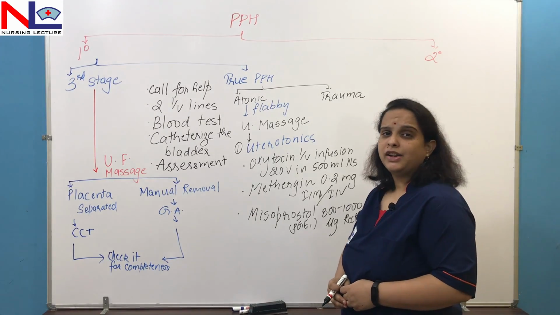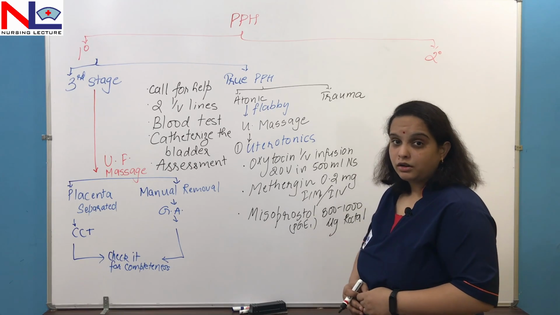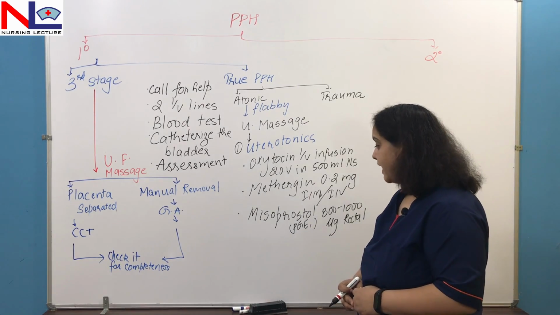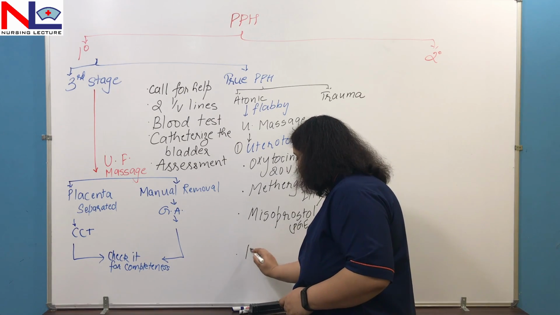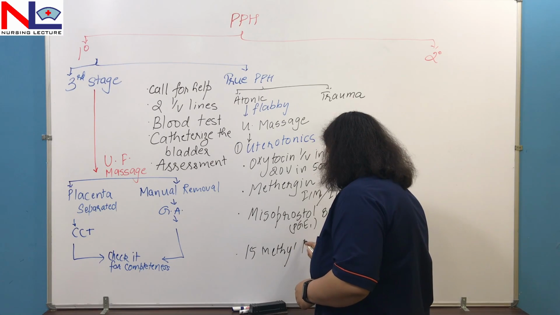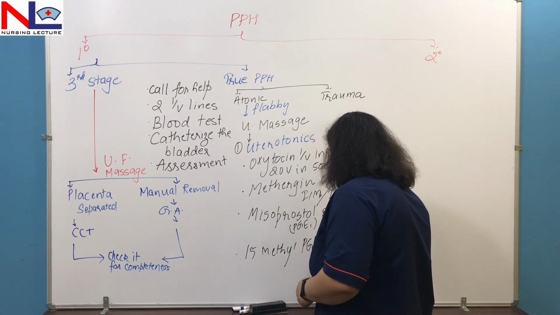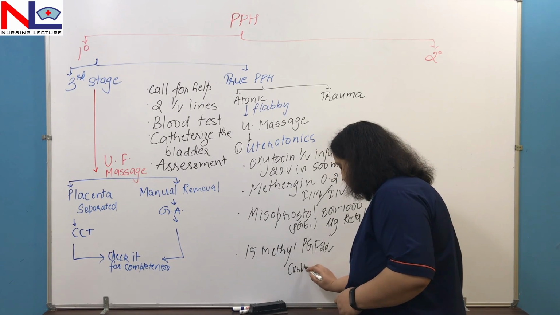But suppose after giving all these three, the uterus is still not contracted, still feeling flabby, then the next drug we can administer is the 15-methyl PGF2 alpha analog, that is carboprost.